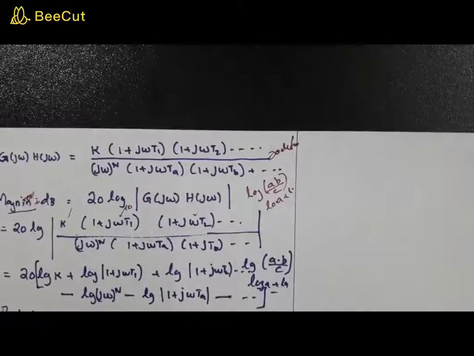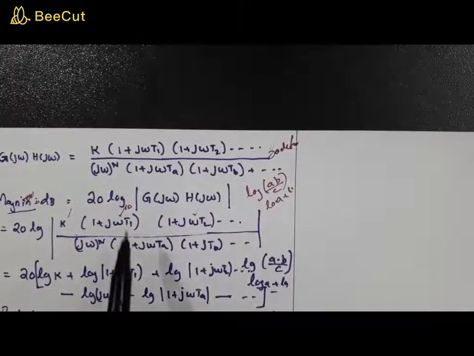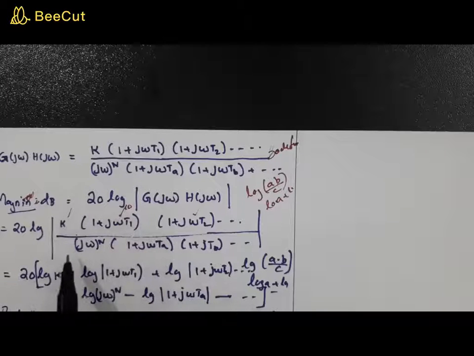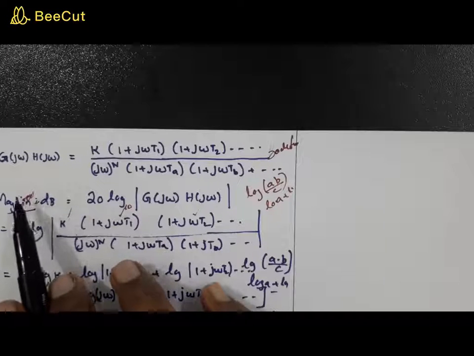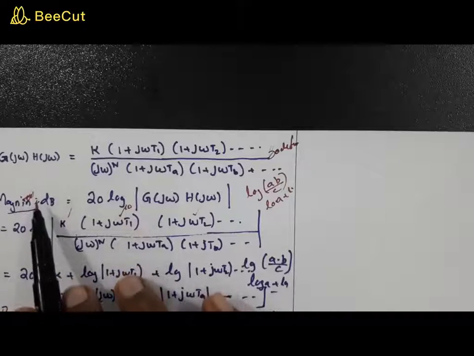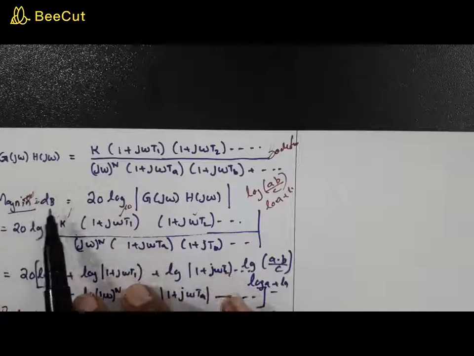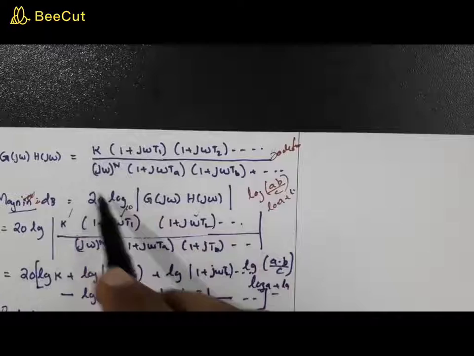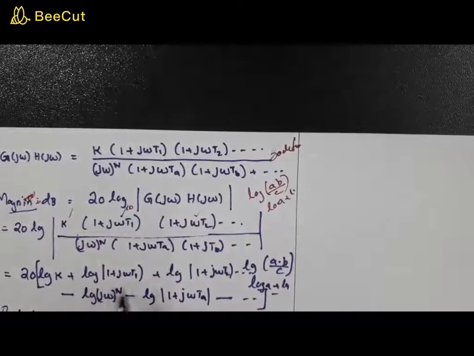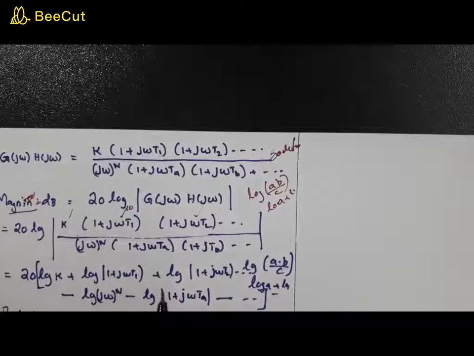So this itself shows the need of representing magnitude in decibel. When you express the magnitude in decibel, this product operation gets converted to addition, and it seems to be quite simpler in evaluation.